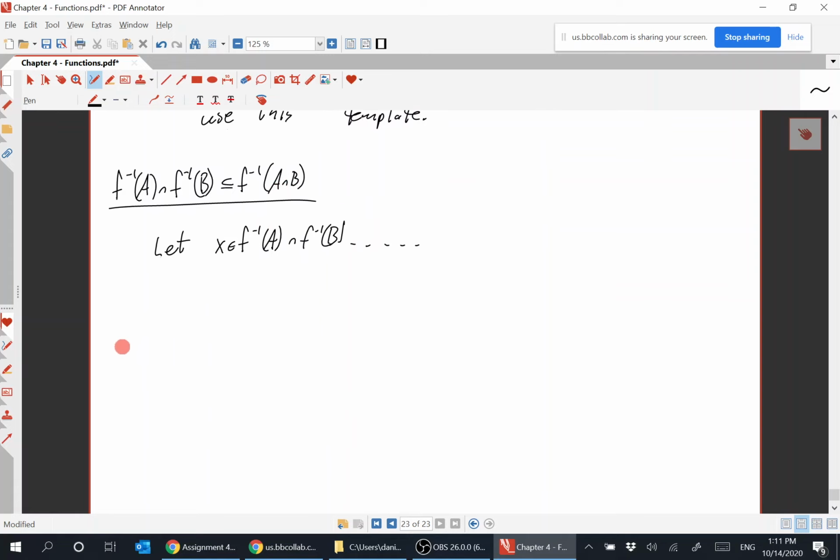And then the next thing you'd want to show is that preimage of A intersection B is a subset of preimage A intersection preimage B. So you start with: let X be an element of the preimage of A intersection B. And then you go from there to show that X is an element of the preimage of A intersection preimage of B.